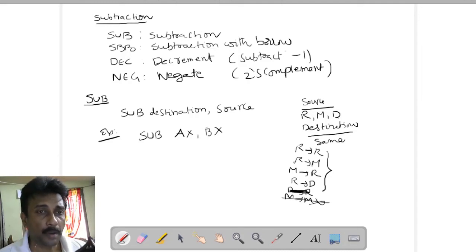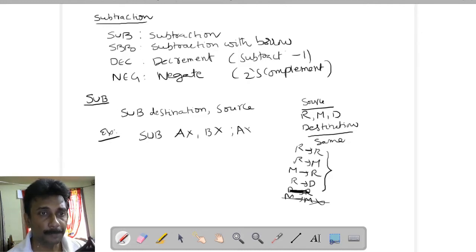SUB AX comma BX means that the contents of BX are subtracted from the AX register and the result will be placed into the AX register.